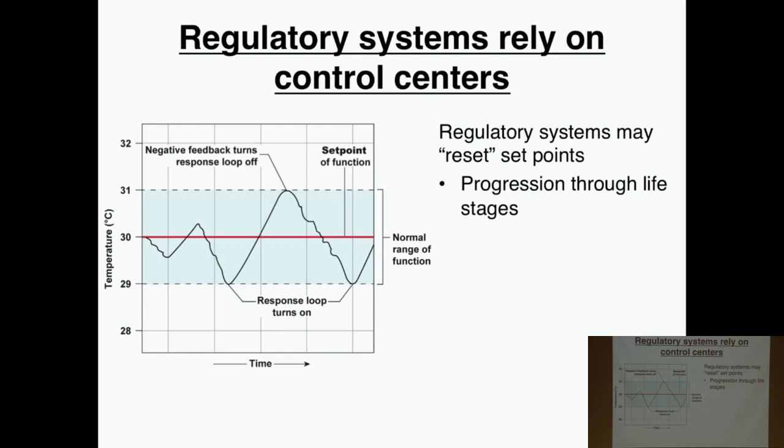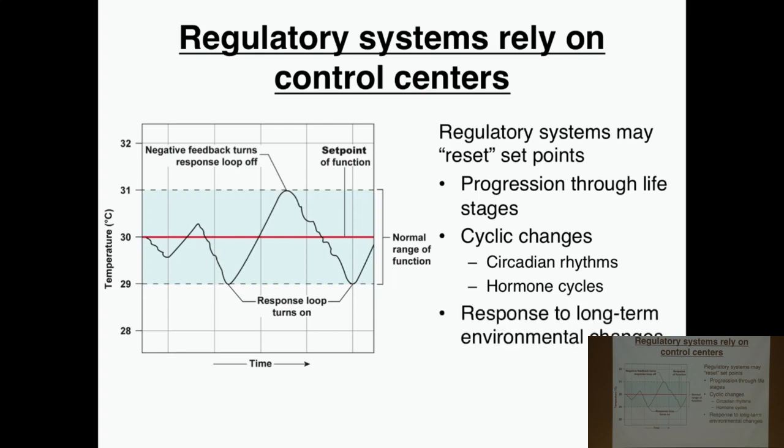And there are some cases where these regulatory systems can actually reset the set points. For example, because an individual is progressing through life stages, because of cyclic changes in circadian rhythms or the daily rhythms of life, or hormone cycles that might occur over the span of a month or a year or something similar.